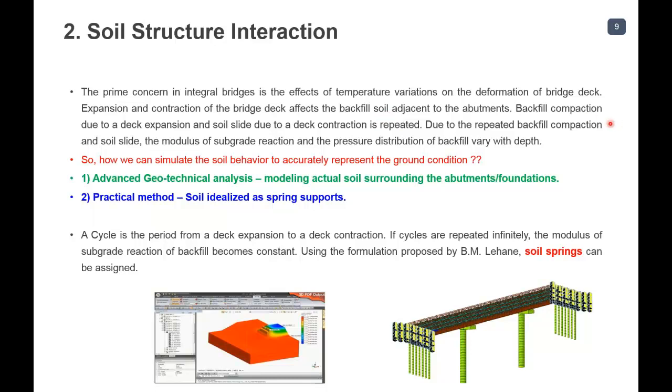So there is backfill compaction due to the deck expansion, and there can be a soil slide due to the deck contraction. This gets repeated as your temperature changes daily or seasonally. Due to this repeated backfill compaction and soil slide, the modulus of subgrade reaction and the pressure distribution of the backfill will vary with the depth. So there is no constant modulus of subgrade reaction for this soil, right?